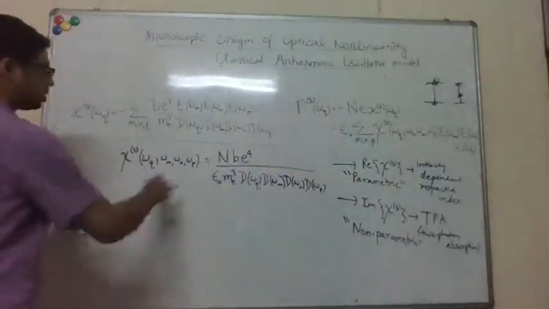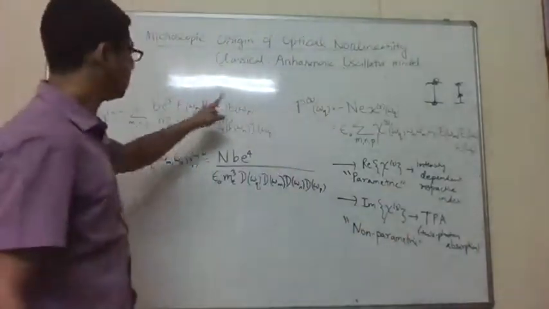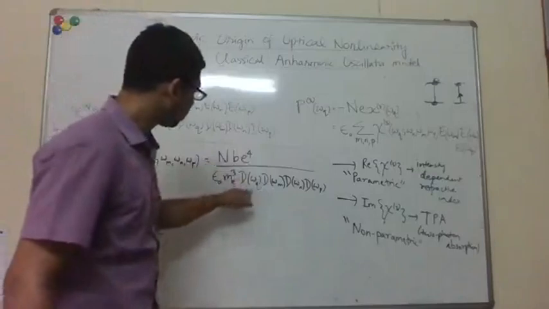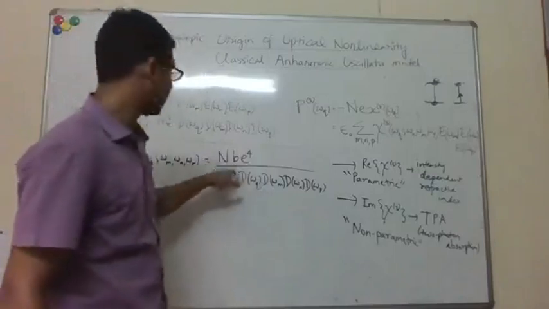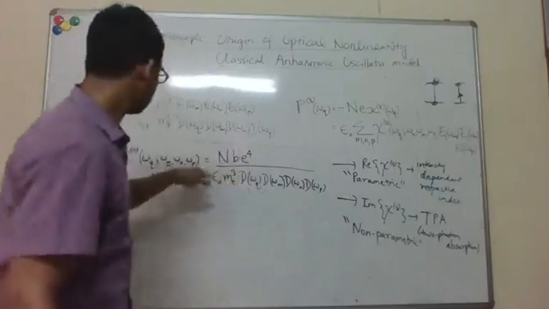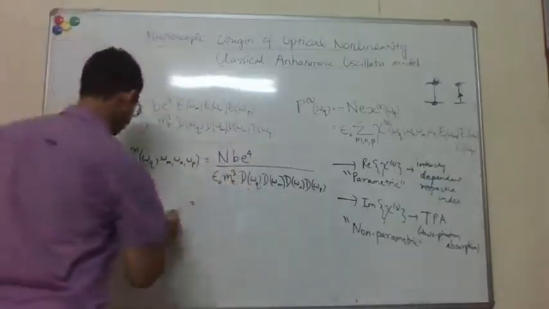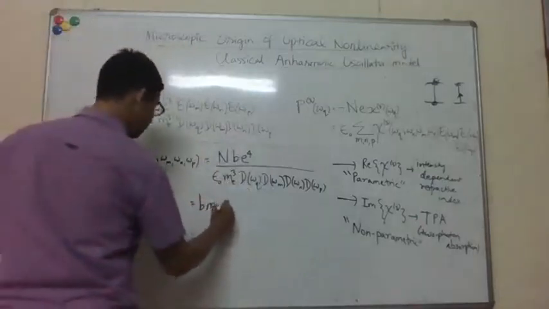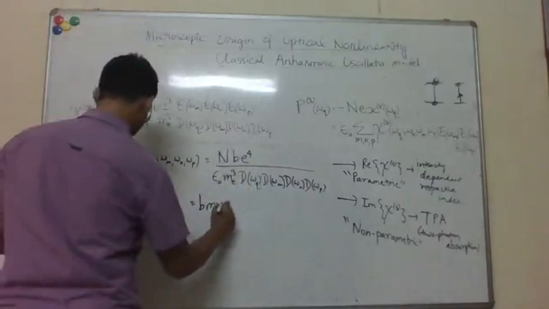Okay, so you remember that the linear susceptibility had only this one factor of d omega in the denominator, right? It had some n times something divided by m times d. So I can also write the chi3 as a product of the linear susceptibilities at those particular frequencies.